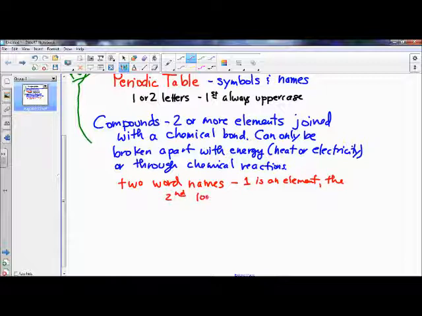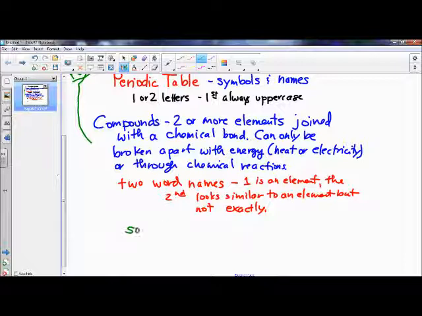The second looks similar to an element, but is not on the table exactly. Let's look at a couple of examples of that.